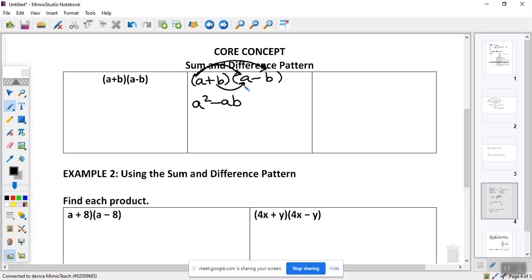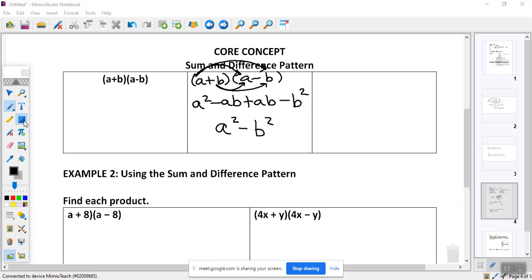So plus ab, right? How about positive b times negative b then? Take a look at your middle terms right here, kids. What's going to happen to a negative ab and a positive ab? They're going to cancel. So the only thing I'm really left with is a squared minus what? Okay, so this is a pretty important one.